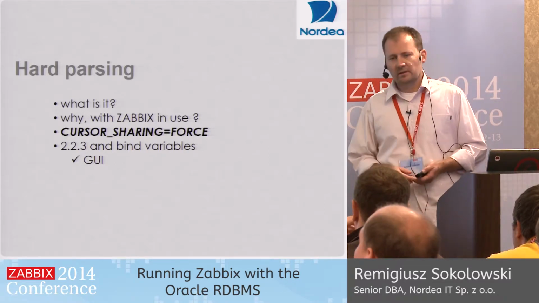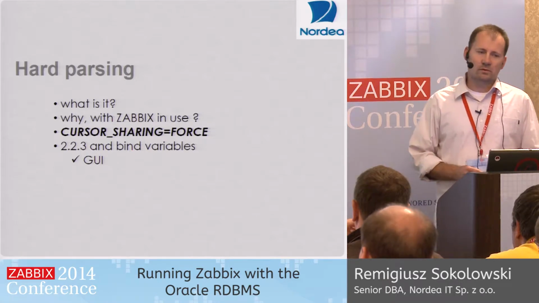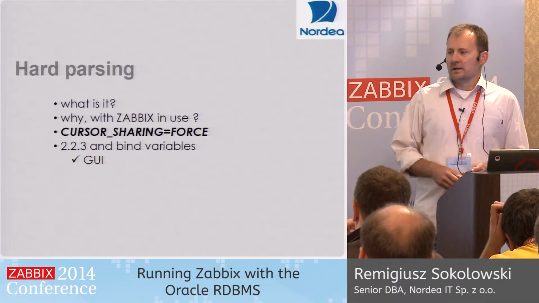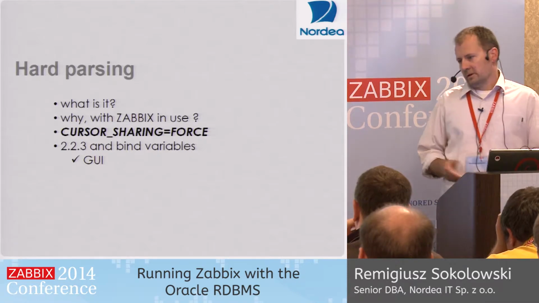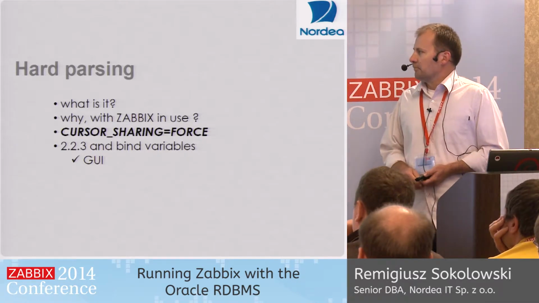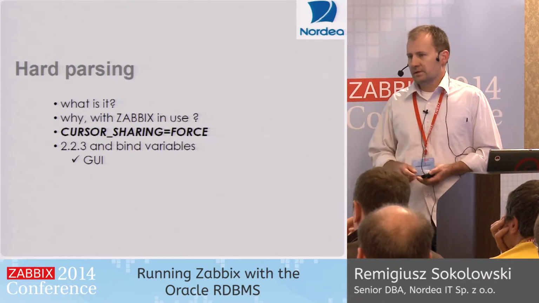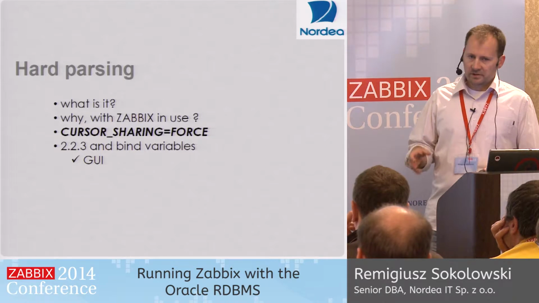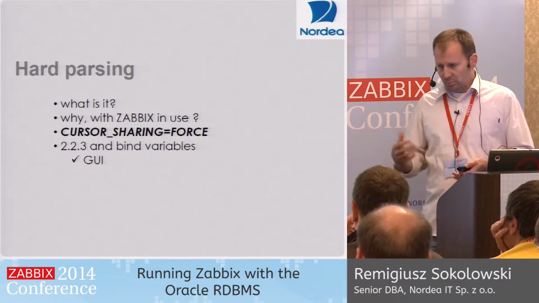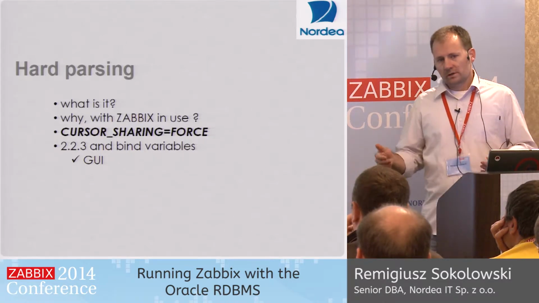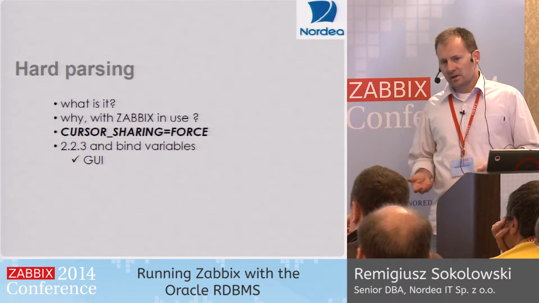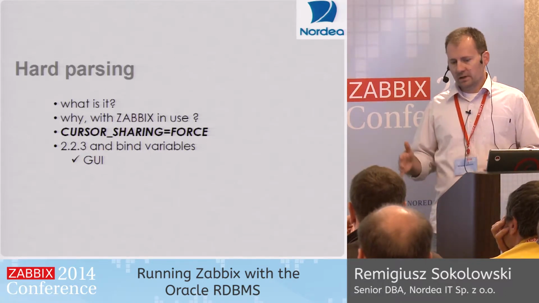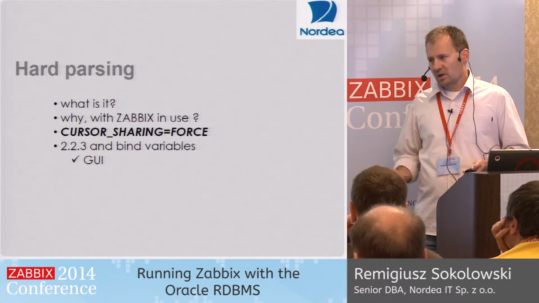I cannot tell if this is still viable for newer versions like 2.4 or 3.0. Mainly this means that when Oracle takes an SQL sentence, it changes all the literals into bind variables. So when it comes to creating a hash, this is the same hash for every SQL of the same kind.